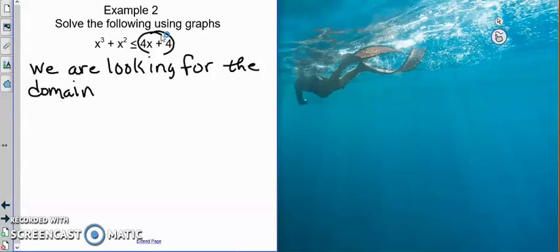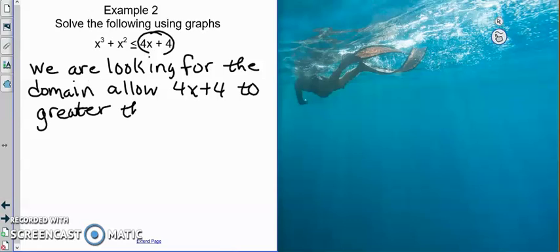So we're looking at where the domain allows 4x plus 4 to be greater than or equal to x cubed plus x squared.